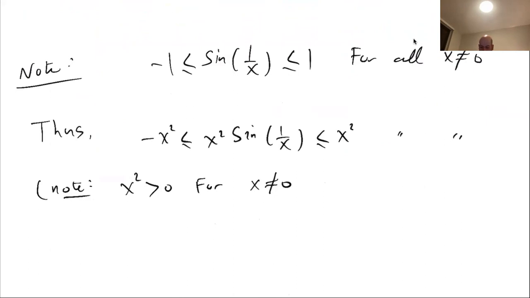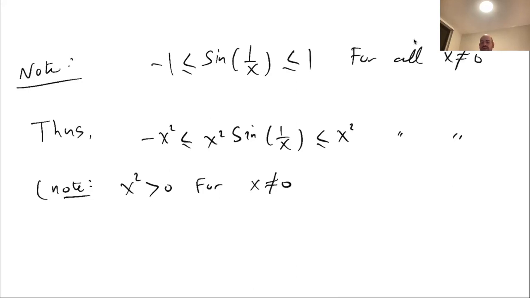If you have a positive number, we can multiply both sides of the inequality by that positive number, and the inequality will be unchanged. So less than or equal remains less than or equal, and greater than or equal remains greater than or equal. This is just a fact from pre-calculus. If you multiply both sides by a positive number, the inequality remains unchanged. And if you multiply both sides by a negative number, the inequality flips.